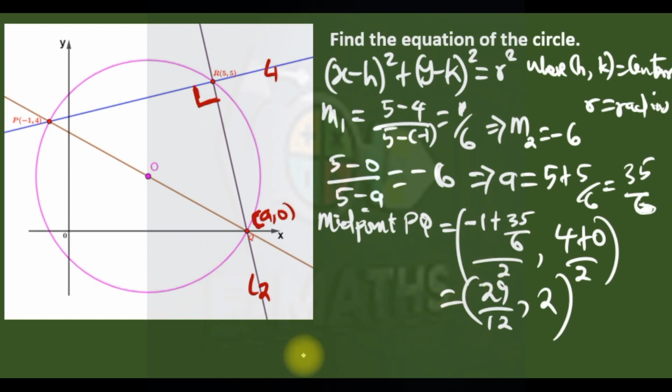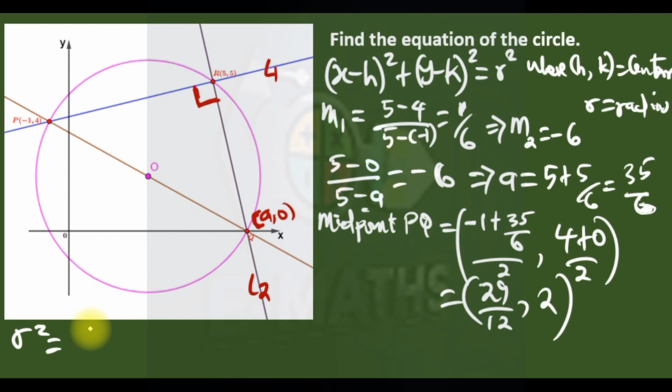So let's get the radius. The radius is the distance from here to here. Therefore, let's get the radius squared, r², which is always the distance.